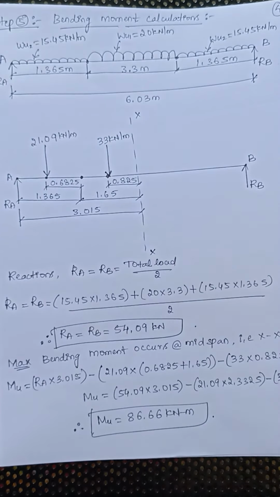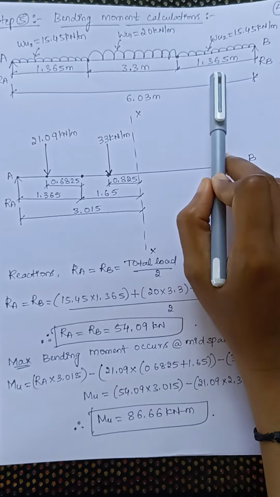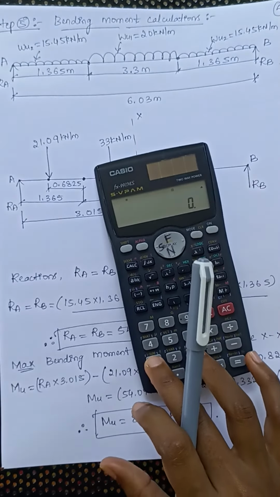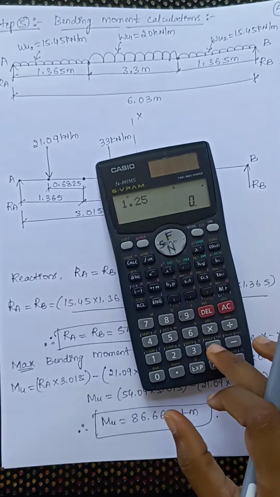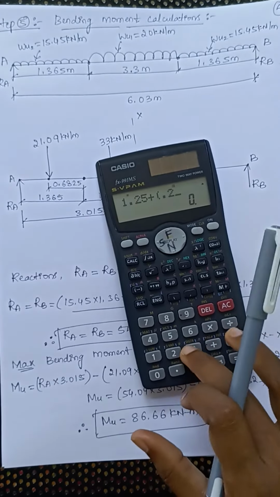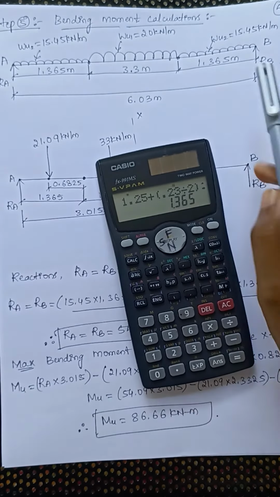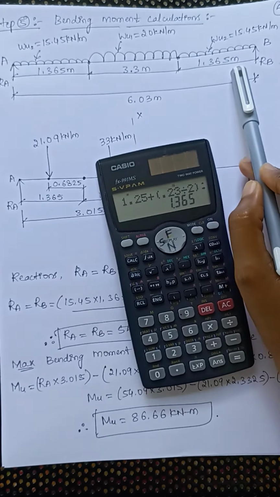We got the width of the landing as equal to the width of the stair, which is 1.25 meter. But here I have written 1.365. That 1.365 I got from the width of landing plus half of the support width.